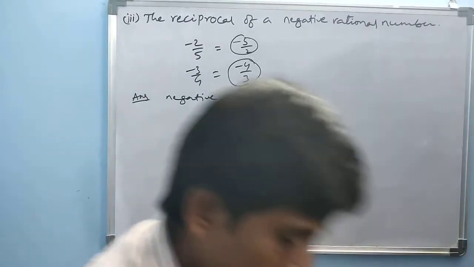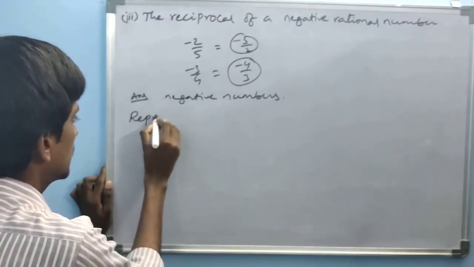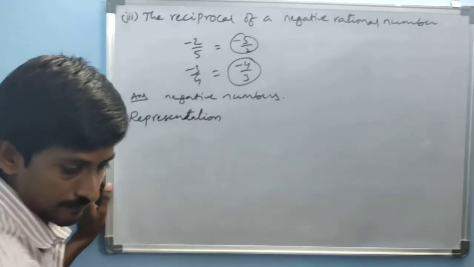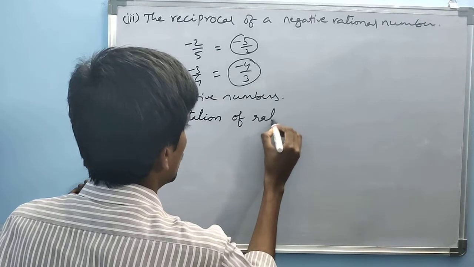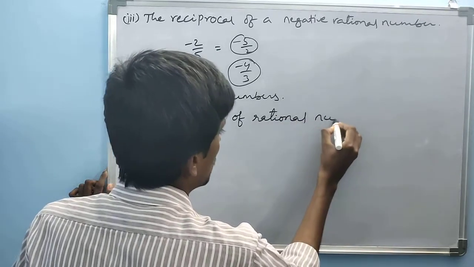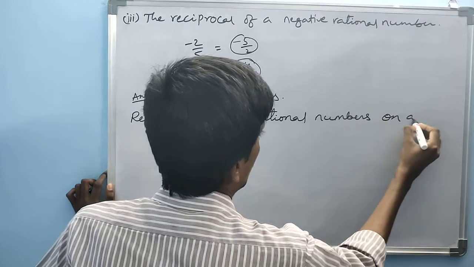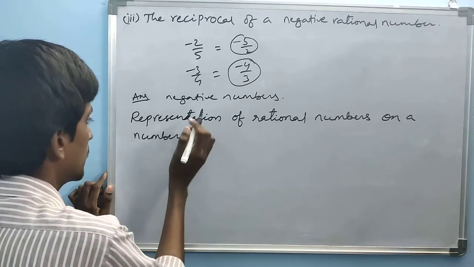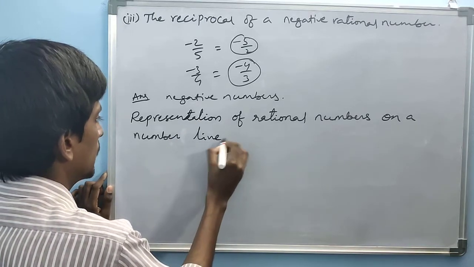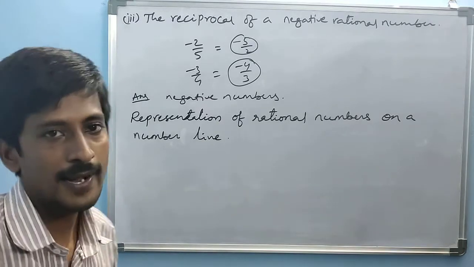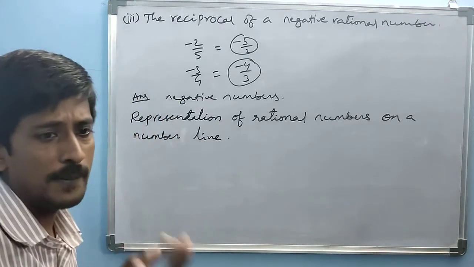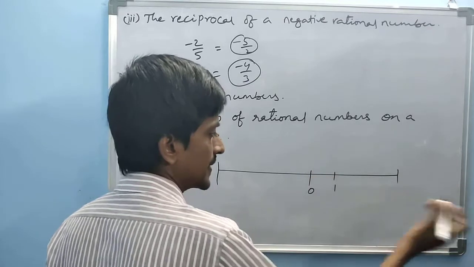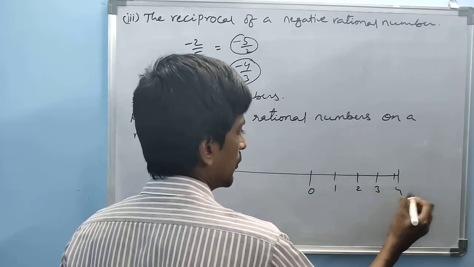Now the very important topic is representation of rational numbers on a number line. How to represent rational numbers on a number line? Natural numbers, whole numbers and integers are represented with 0 in the center. On the right side you take positive numbers 3, 4 and so on.